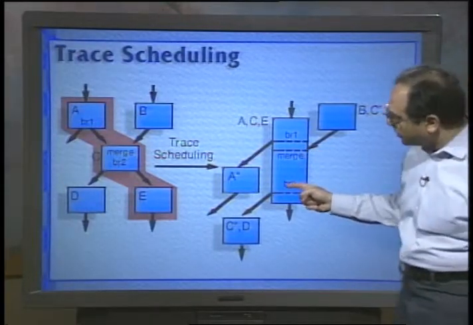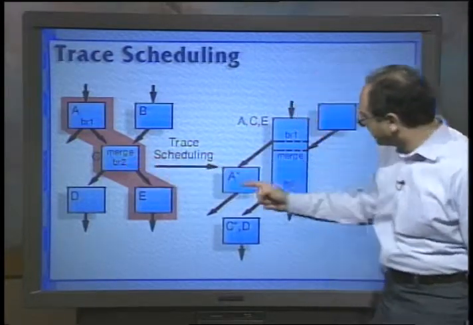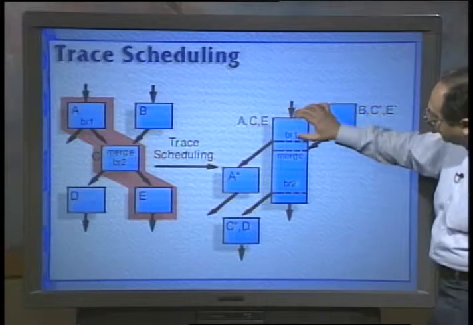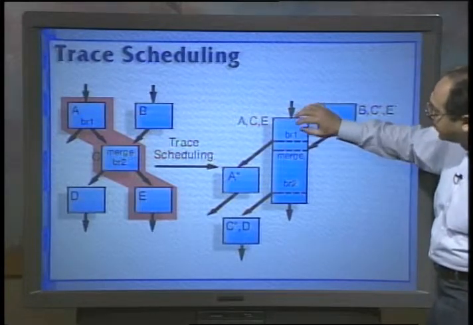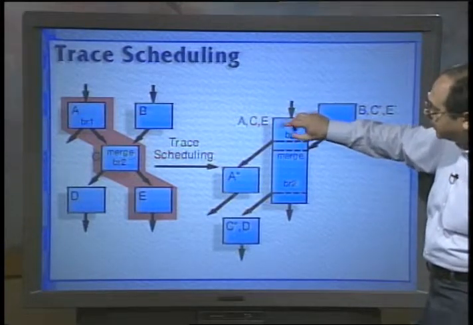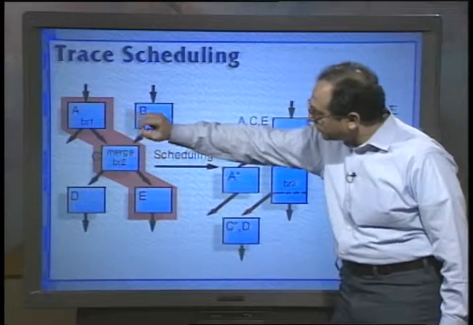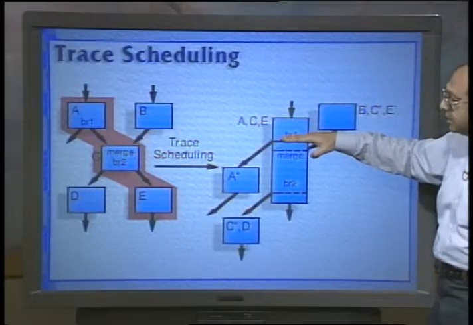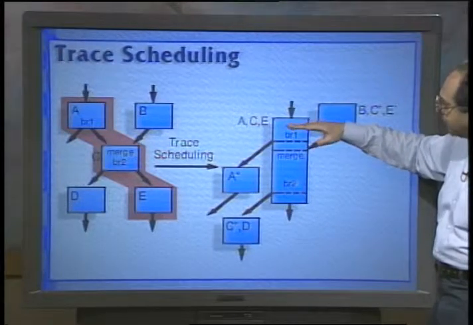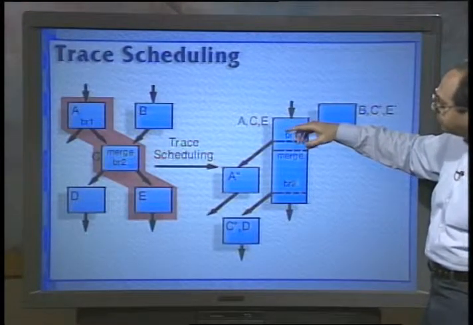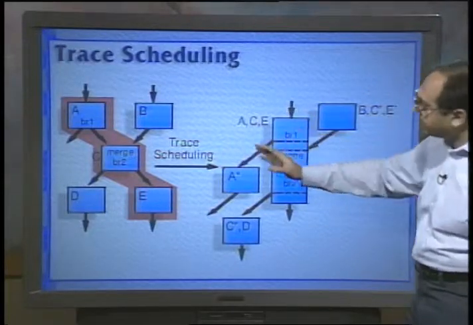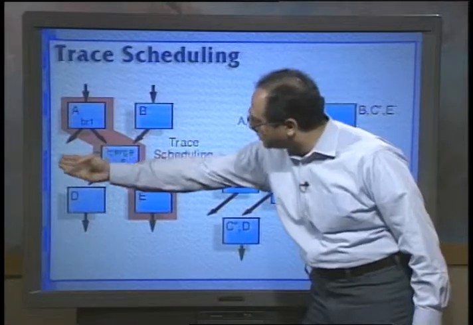And here's where the branch at the bottom of basic block C was scheduled. Now, if we examine the schedule and we find any operation that used to be in basic block A, and if we find that it is below BR1, then that corresponds to an operation that was moved from A down below the branch and has to be replicated on both this path and on this path.